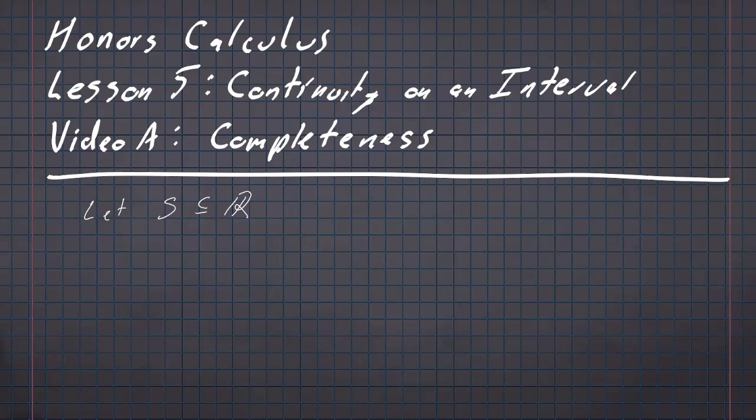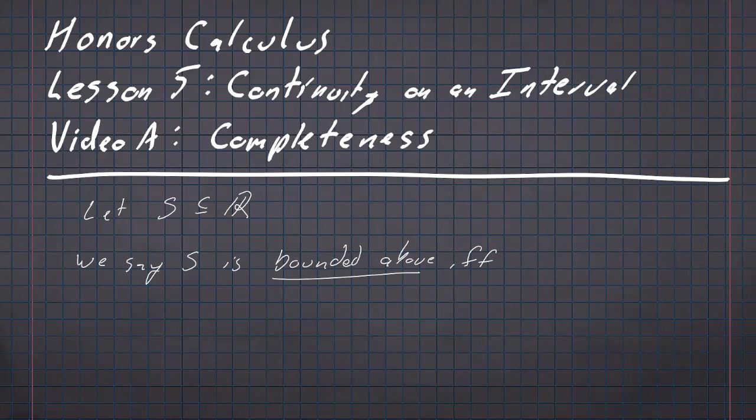We say that the set S is bounded above if and only if there exists some capital M in R such that for all x in S, x is less than or equal to M.